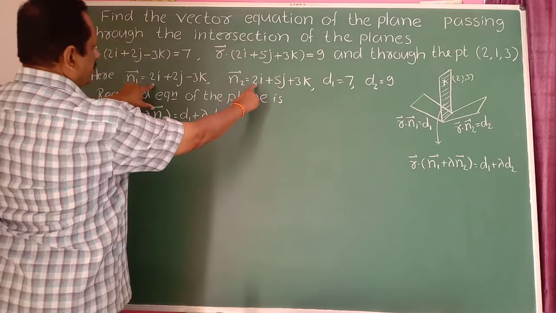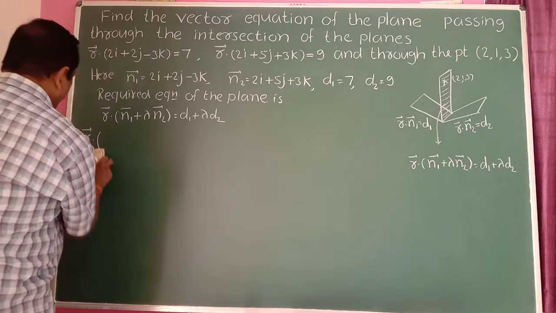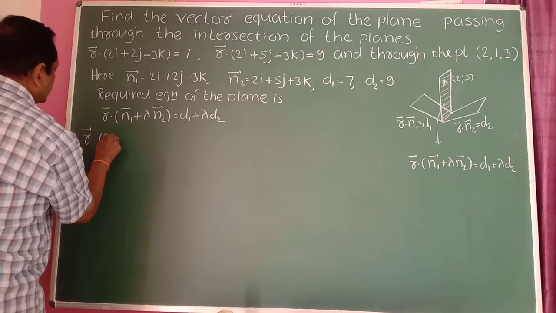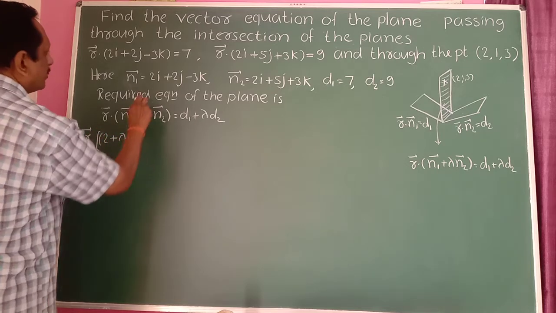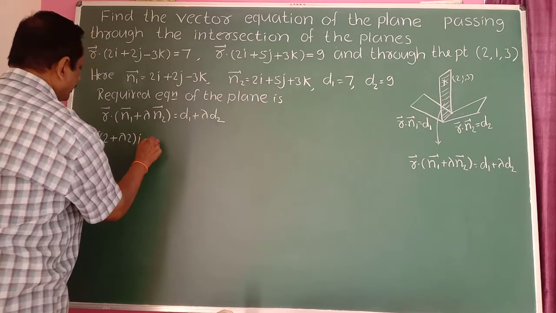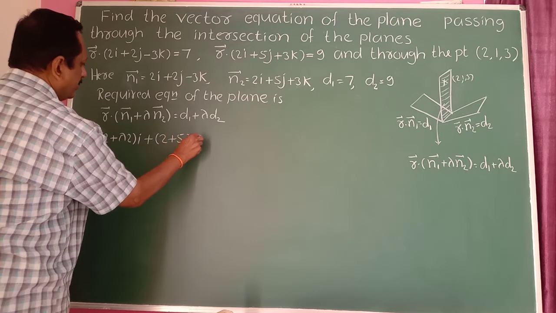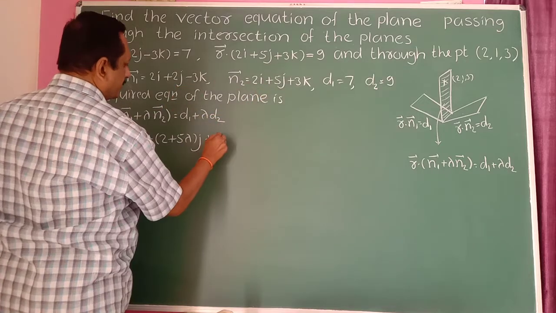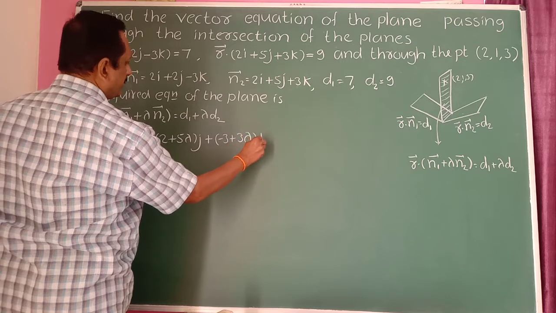Then i is the common factor, so (2 + 2 lambda) i, then (2 + 5 lambda) j, plus (-3 + 3 lambda) k.